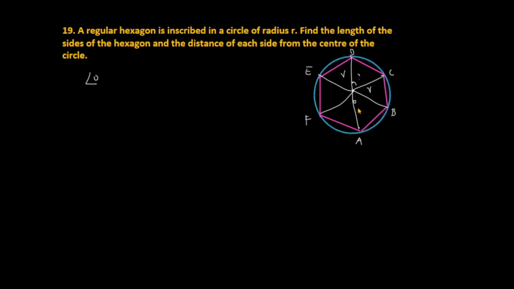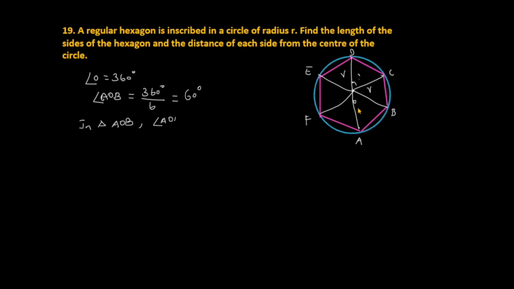The angle at O is 360 degrees. So the angle at O is divided into 6 parts. So for each angle, for example, if I am taking AOB, angle AOB is 1/6 of 360 degrees, which is nothing but 60 degrees. So consider the triangle AOB.